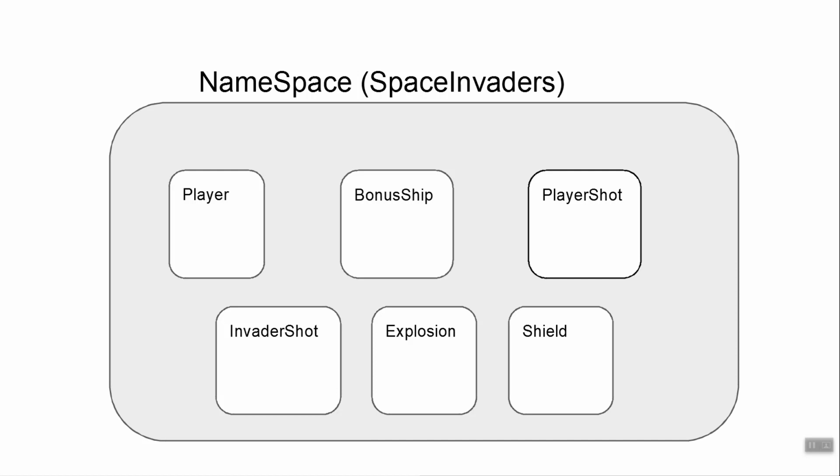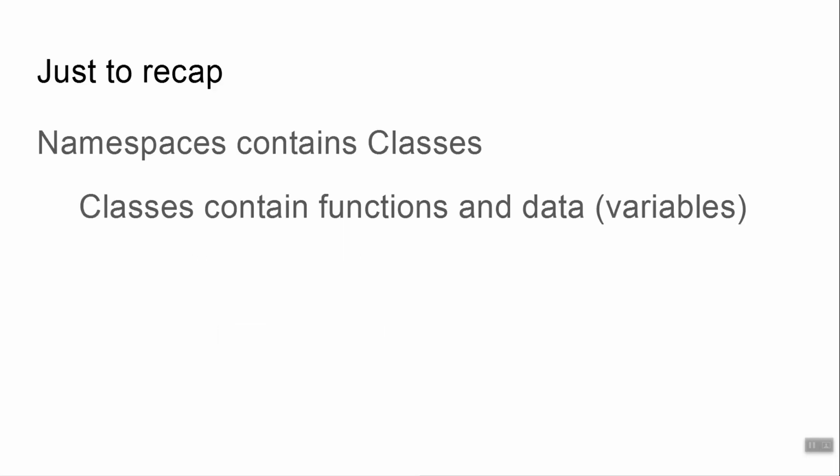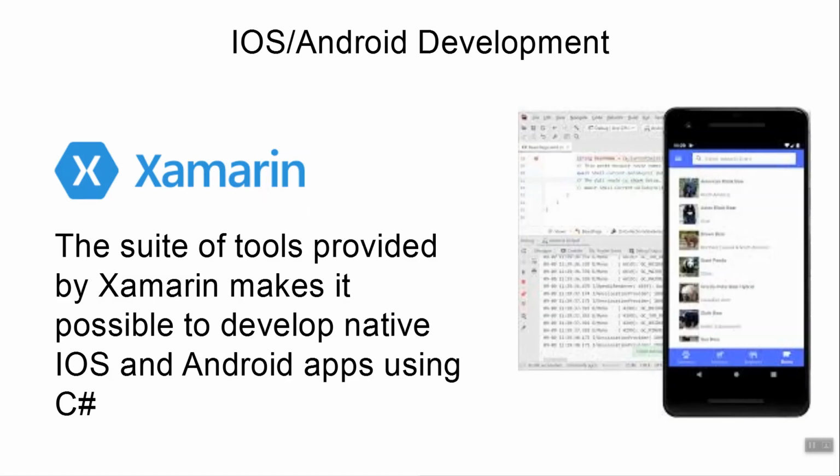So a lot of stuff will be pre-generated for you. And if you understand that everything that we make has to go inside of a class and that those classes have to go inside of namespaces, that code that you see will make a lot more sense. So this is just an overview of how stuff is organized within one of your programs. So namespaces are the outermost wrapper for organizing things, and inside of that you'll have your classes.